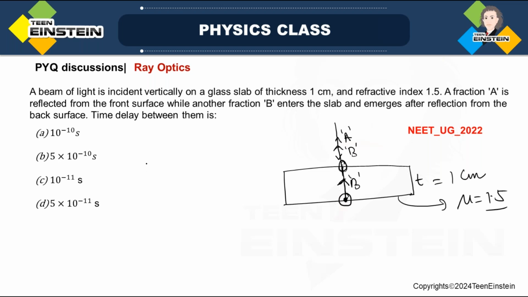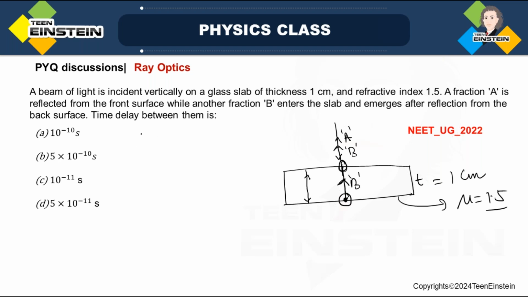So what is happening here? The fraction of light which is going up to this bottom face, that is fraction B, it has to actually cross this thickness T twice.